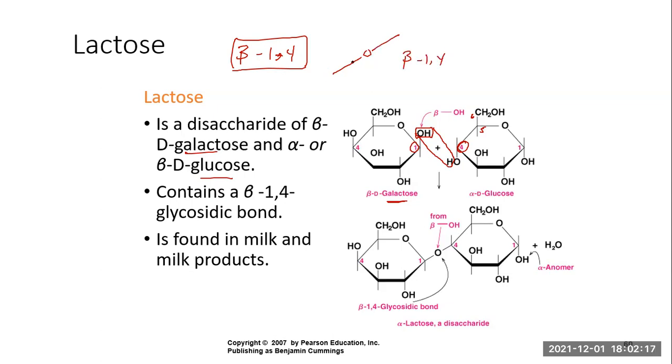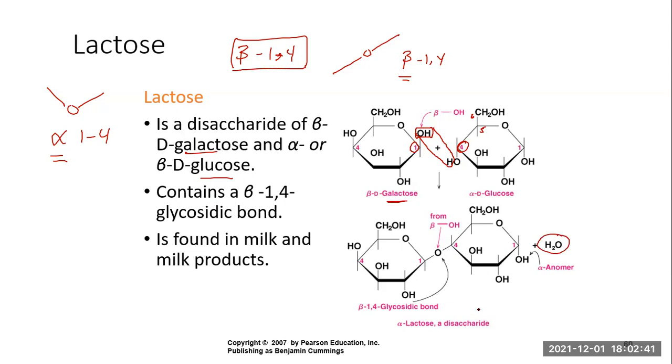Again, that looks very different from what we just saw a second ago with the alpha 1,4. So if the oxygen is kind of going down, it's probably an alpha. If the oxygen is going upwards, it's going to be a beta. Obviously, water comes out to put them together.